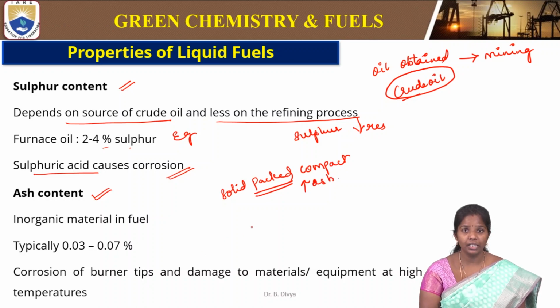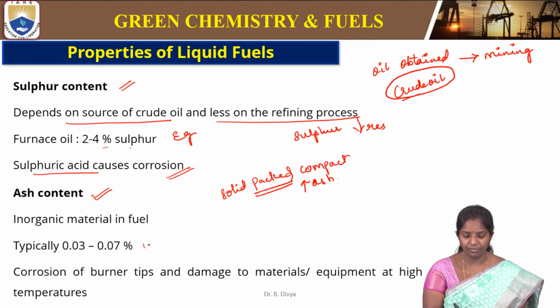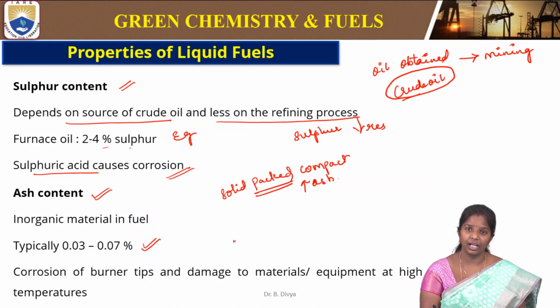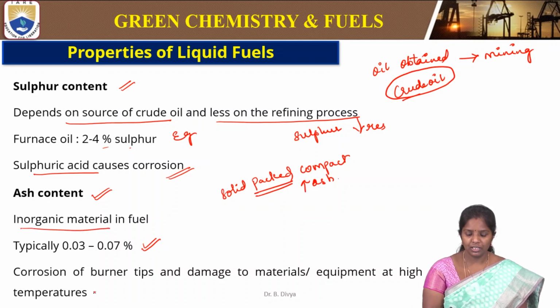But in liquid, the molecules are loosely packed, so it will have very little ash content. That is why the smoke produced by liquid fuel in automobiles is comparatively less than the smoke produced from solid fuels. Ash is an inorganic material in fuel, and typically only 0.03 to 0.07% is present.